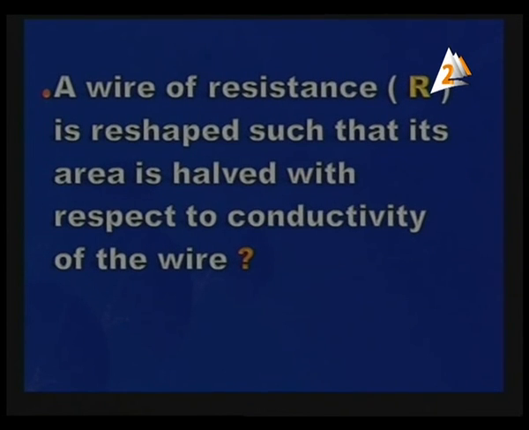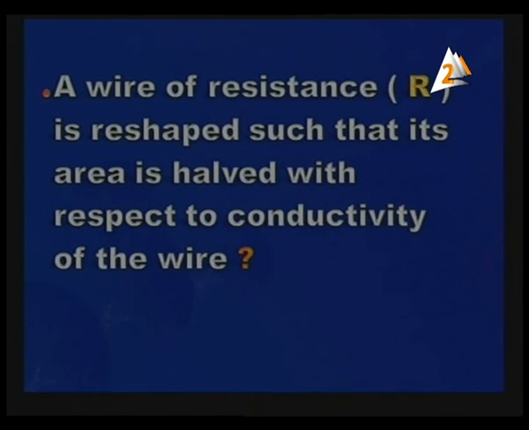What happens when a wire of resistance R is reshaped such that its area is halved, with respect to conductivity of the wire? Now let's remind you of something very important. Conductivity as well as resistivity depend only on temperature and material.